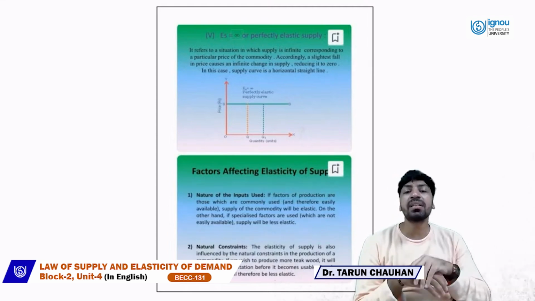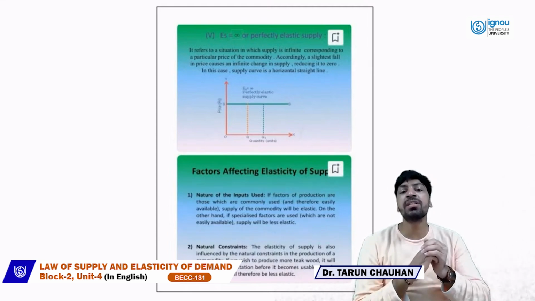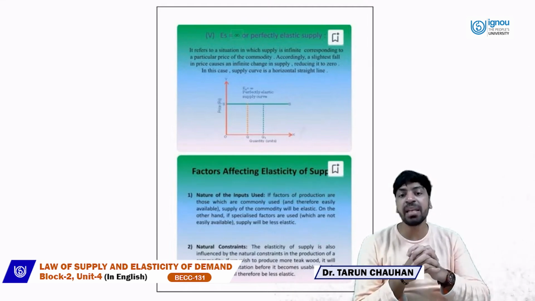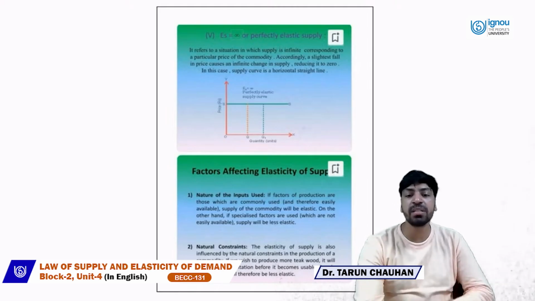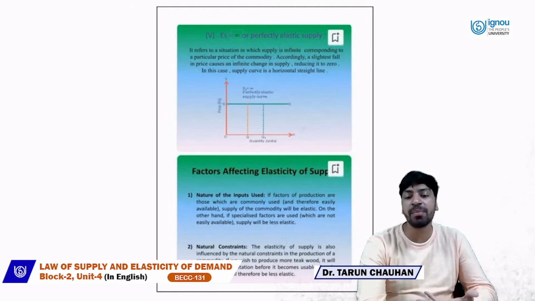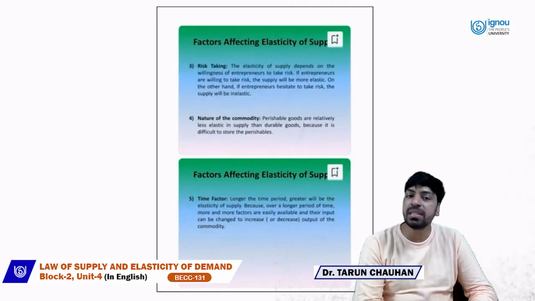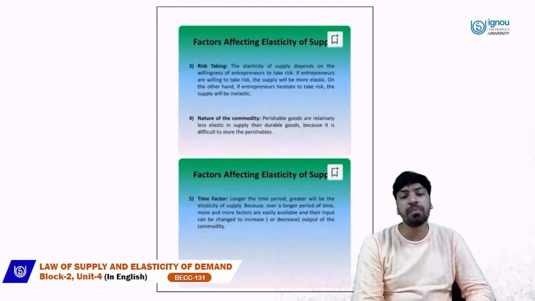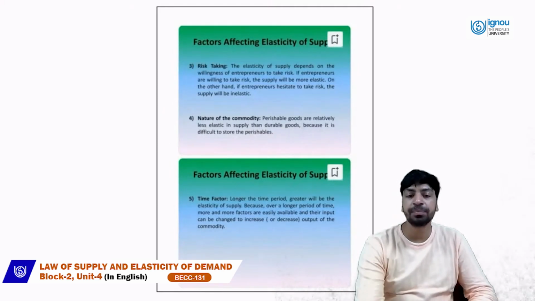These are the factors which influence the elasticity of supply: nature of inputs used, natural constraints or factors like natural calamities, risk-taking nature, and the time factor.